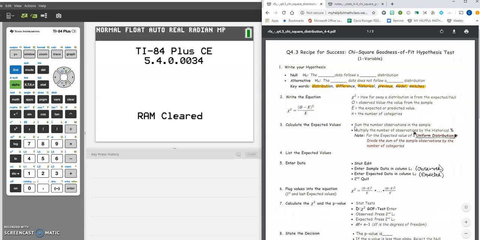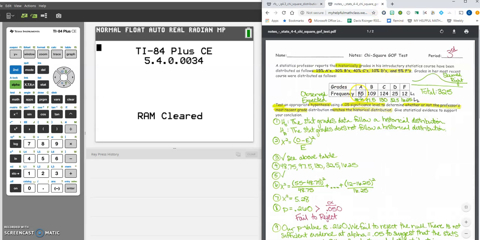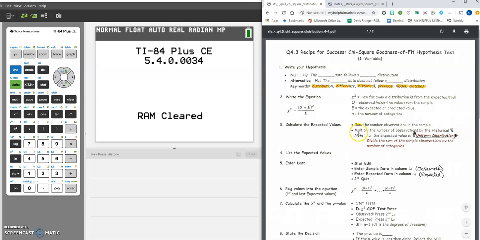So to figure out your expected values from historical, you're going to take the sum, the number of the observations in the sample. Hence why we got the sum of these grades, which gave us a total of 325.